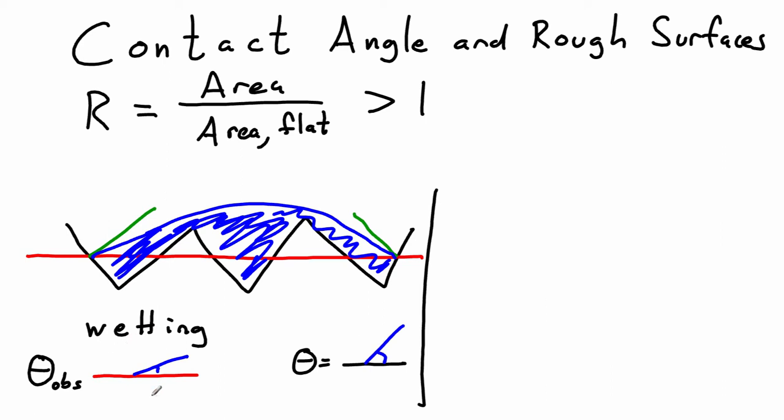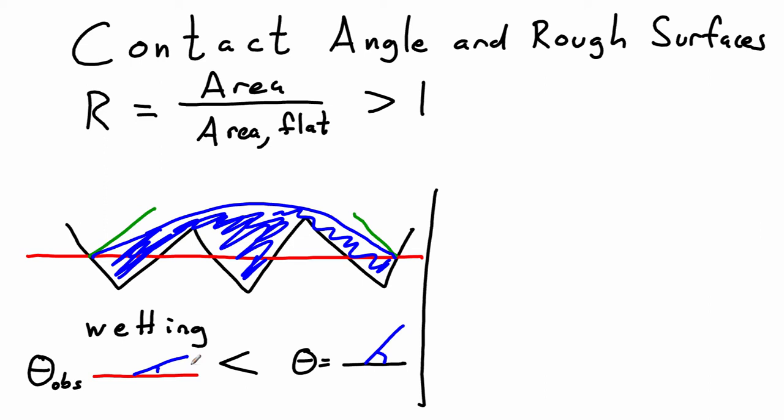Instead, we would get this much smaller angle with the apparent surface, the surface on a macroscopic level, and the liquid. Notice that theta observed is much smaller than the actual theta. So what happened is we took something that was wetting, had a contact angle less than 90, and made it more wetting. So wetting materials become more wetting when we roughen them.